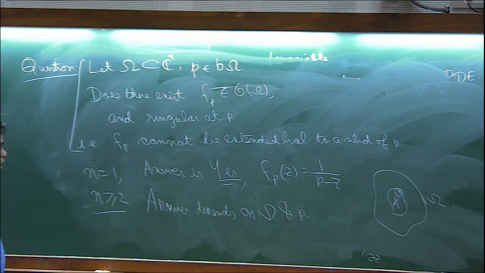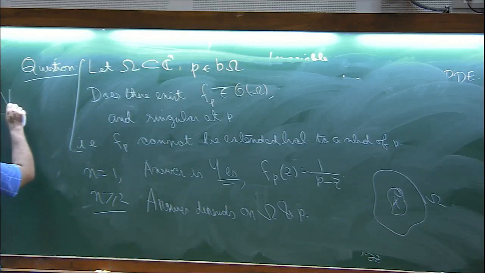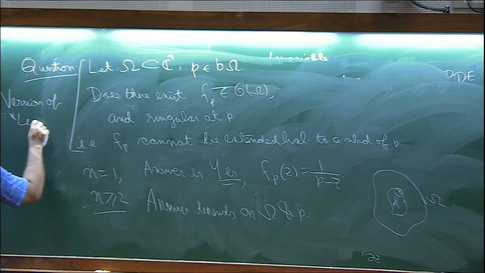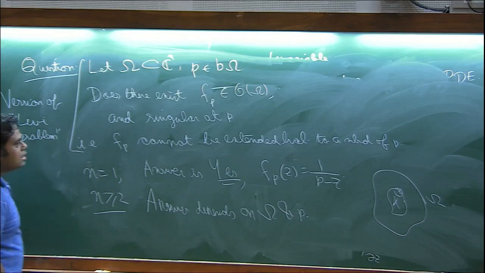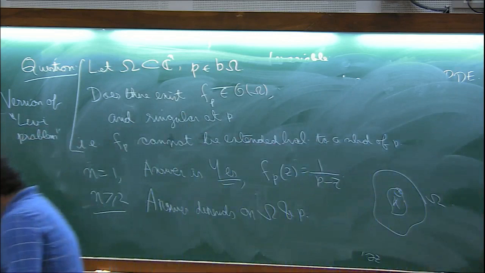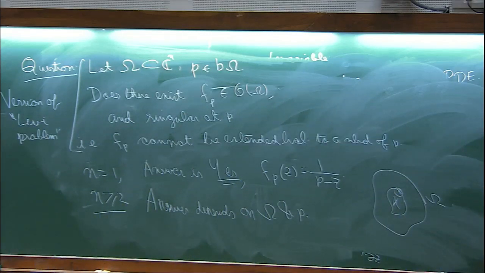So therefore, it is important to figure out, so this is a version of the so-called Levi problem. So it becomes extremely important to characterize when the Levi problem can be solved in higher dimensions. I will now just state a result and then explain a few terms in it. This is one thing that I did write down today.